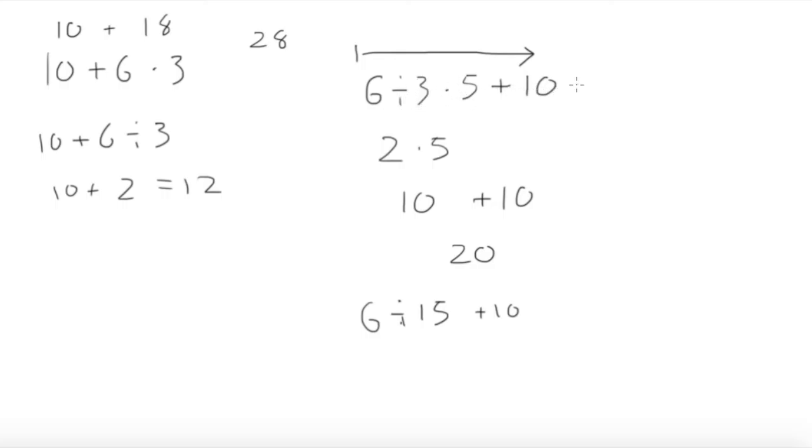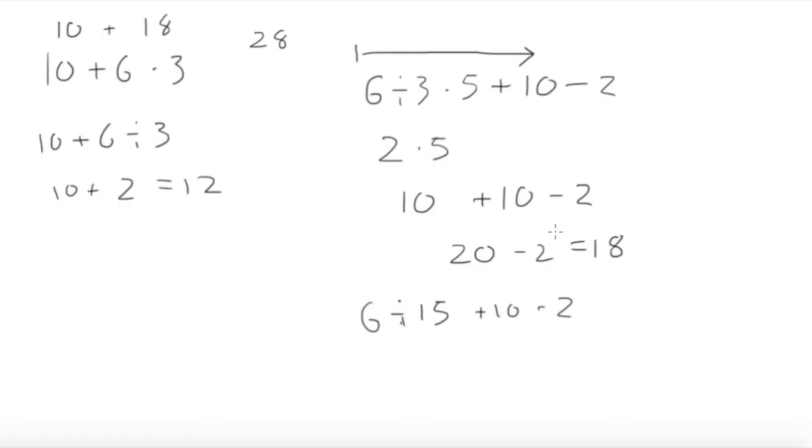And if, say, we had a subtraction here, say we had a minus 2 afterwards, you're still going to go left to right, all right? Minus 2 afterwards, and this would be equal to 18, okay? So let's do that again.